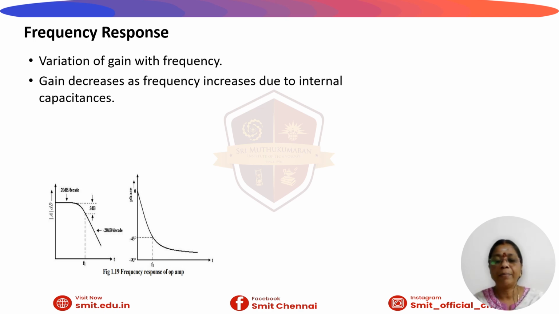An op amp with 1 MHz gain bandwidth product used for a gain of 10 will have a bandwidth close to 100 kHz. The gain drop at high frequency is primarily due to internal capacitance, which adds a small internal capacitor to prevent high frequency oscillation and ensure stability.